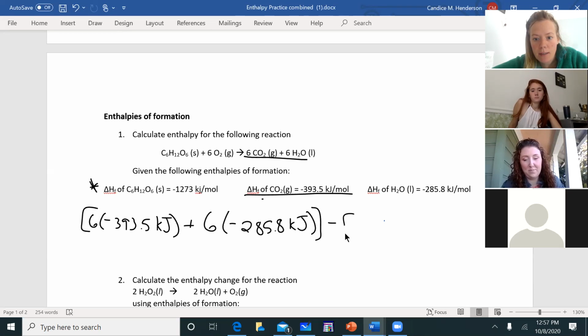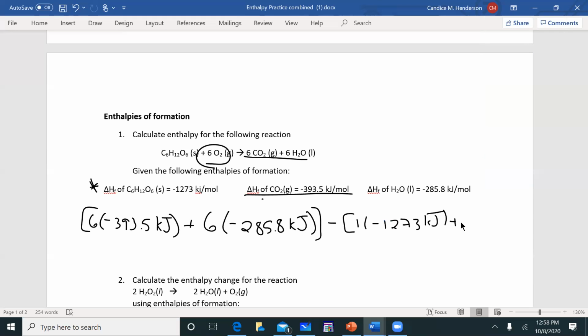Once we solve that, we're going to subtract that from all of our reactant stuff. So we've got the glucose formation, and we only have 1 of those. So 1 times negative 1273 kilojoules. And then we're going to add that to oxygen, which is elemental, so it's going to be 0 kilojoules.